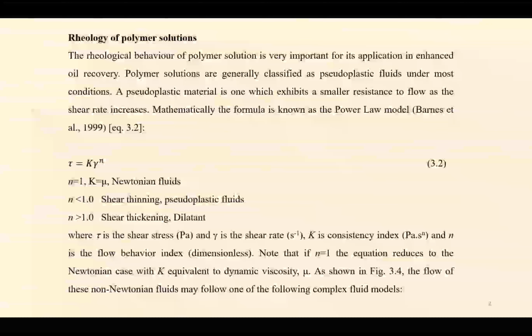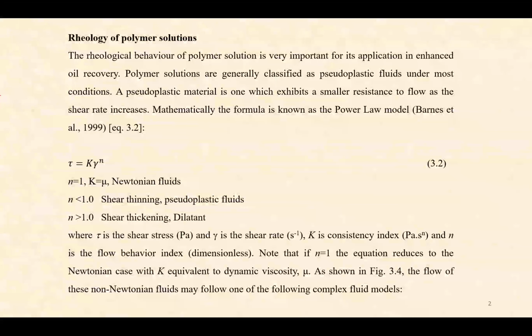Now, the rheological behavior of a polymer solution is basically expressed by a fundamental law, that is the power law model. This is typically the power law model for a fluid, and here you can see that there are two parameters.